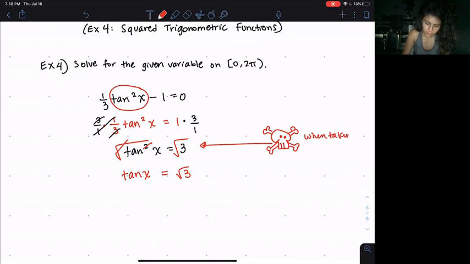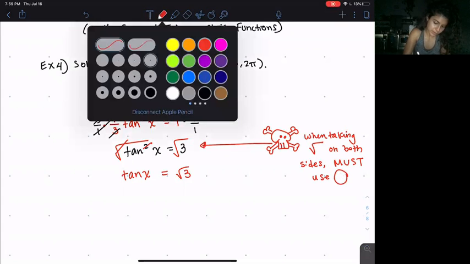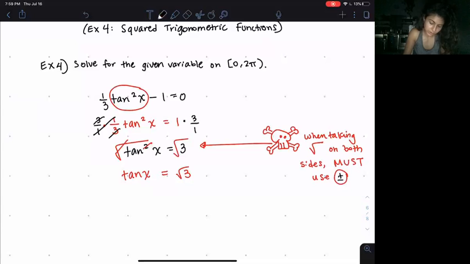When taking square roots on both sides of the equal sign, you must use a plus or a minus, okay? So once again, when we take square roots on both sides of the equal sign, you must use plus or minus.